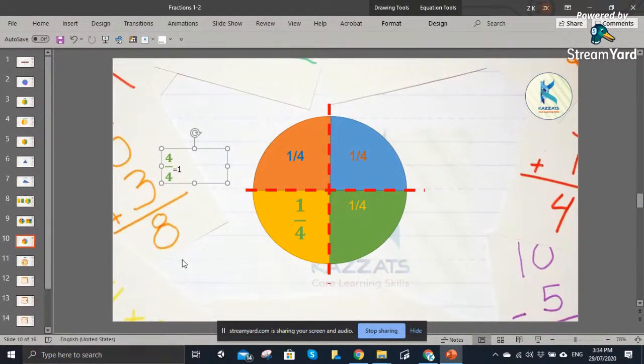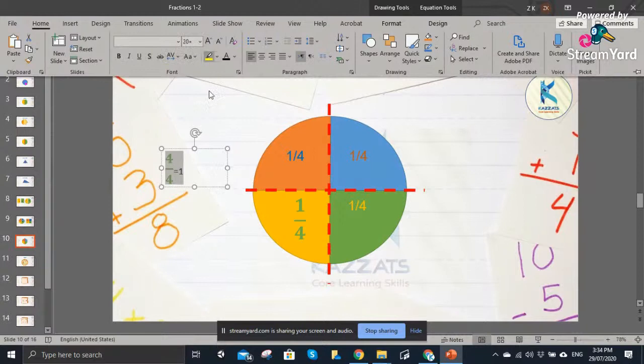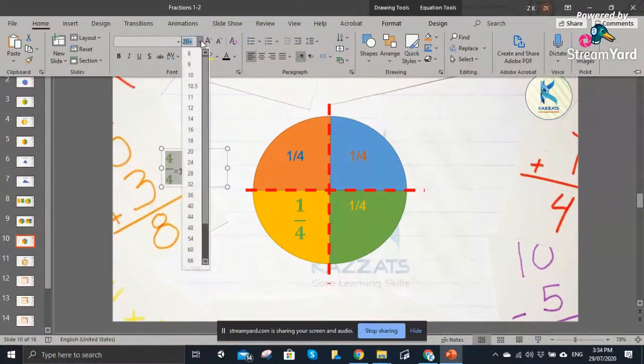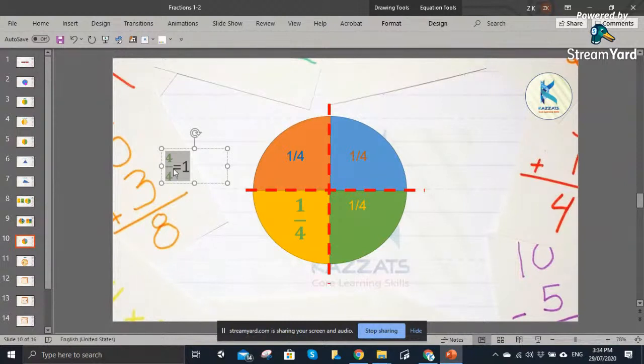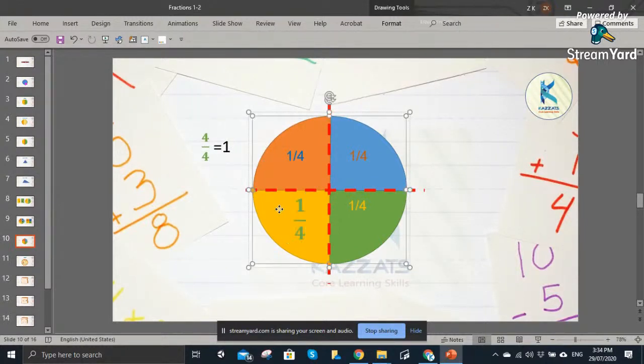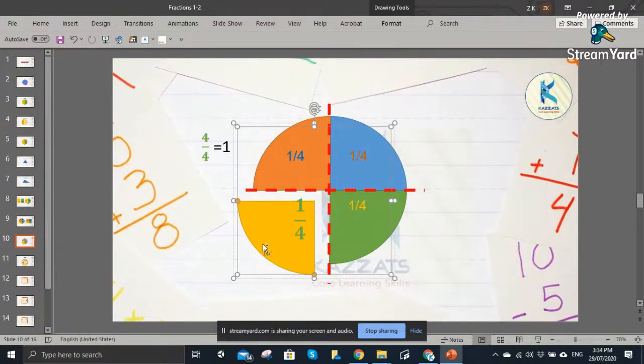If I have any other shape, a rectangle, and it is divided into 12 parts, then it will be 12 over 12. I think I got my point clear over here, that the number of parts that we have will be written as numerator and denominator for the whole diagram, and the number of parts that we are talking about will be written for the fraction.